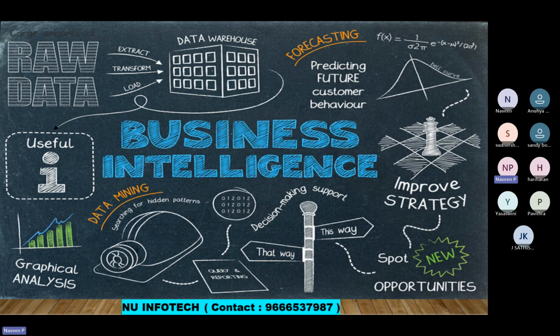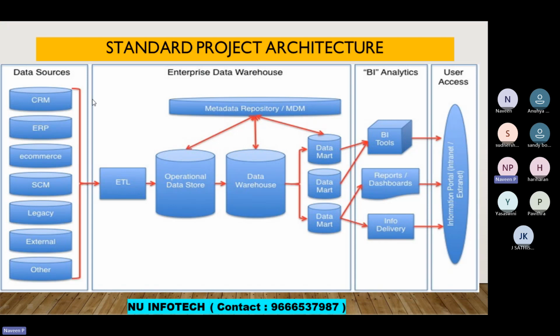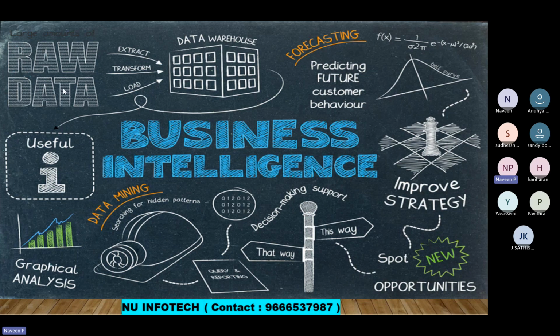Or if you take a manufacturing company, how much material has been purchased, that kind of data will be stored in that particular portal. The data can be in any format: Excel, CSV, JSON, XML or any kind of format. We get that raw data initially, and we want to store it in a place.